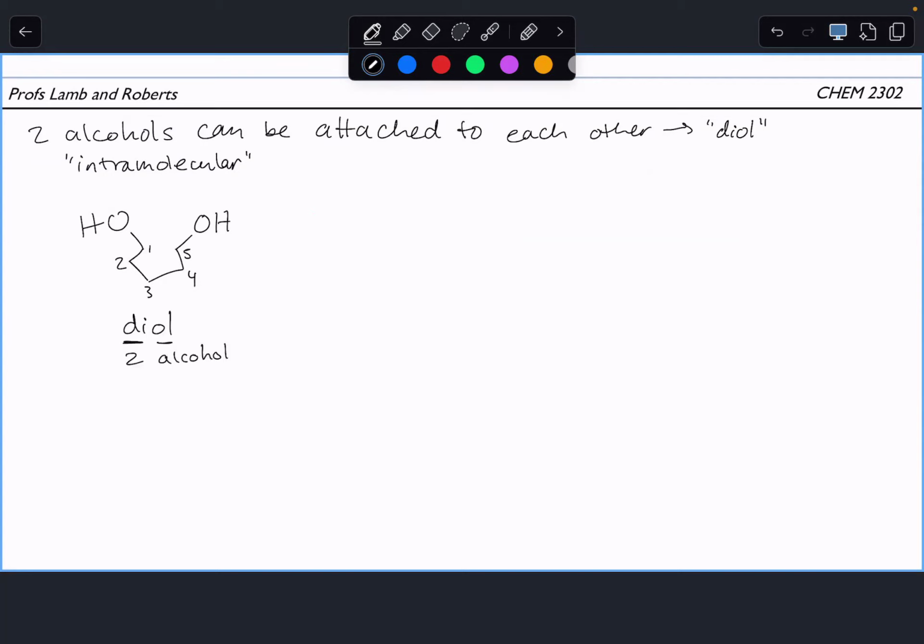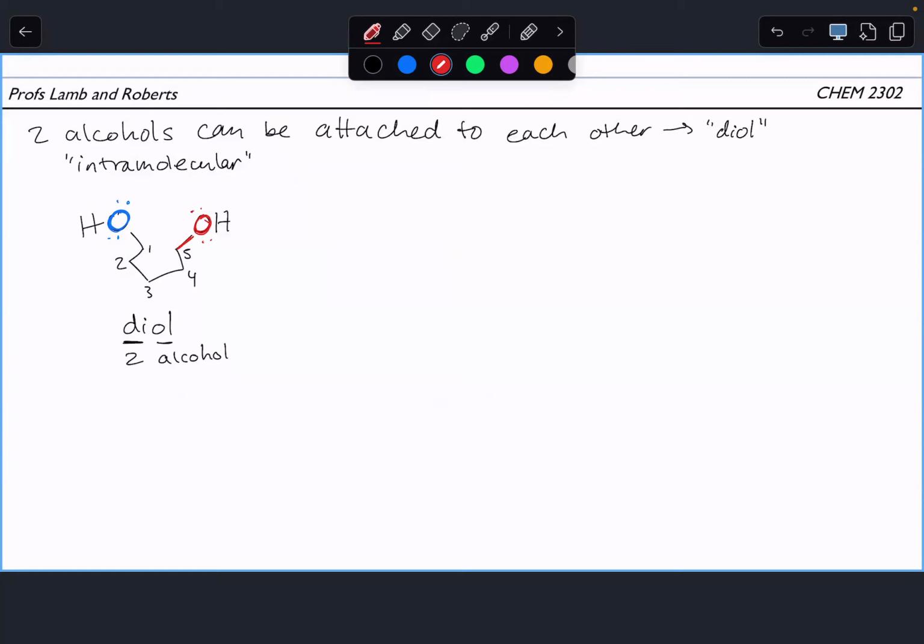I'm going to arbitrarily choose one of these alcohols to be my nucleophilic one. So I'm going to say this one on the left. The lone pairs there are going to be our nucleophilic one. And then I'm going to arbitrarily choose the one on the right to be the electrophilic one. So this side is going to be the electrophilic one. The reaction is the same.